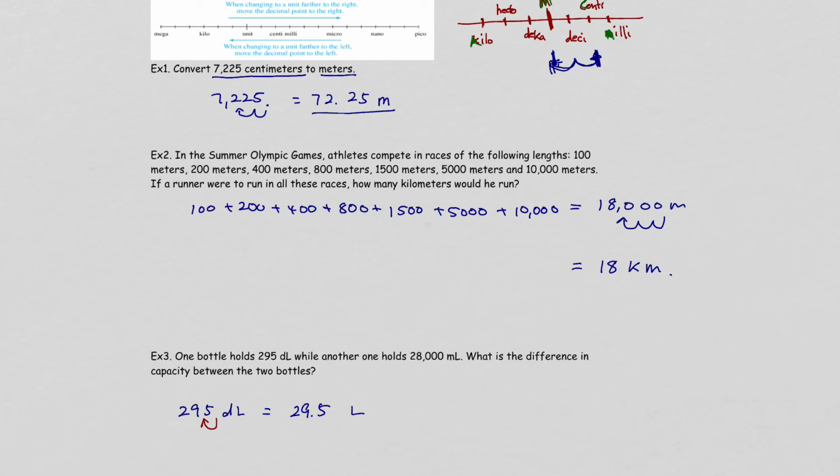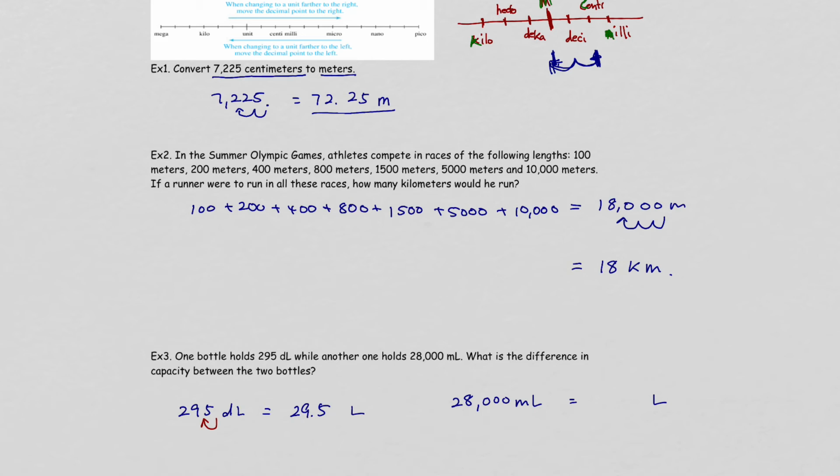And then let's do 28,000 milliliter into the liter. So milliliter will be right here, milli, right? Milliliters to basic unit liter. You're moving 1, 2, 3 units to the left.